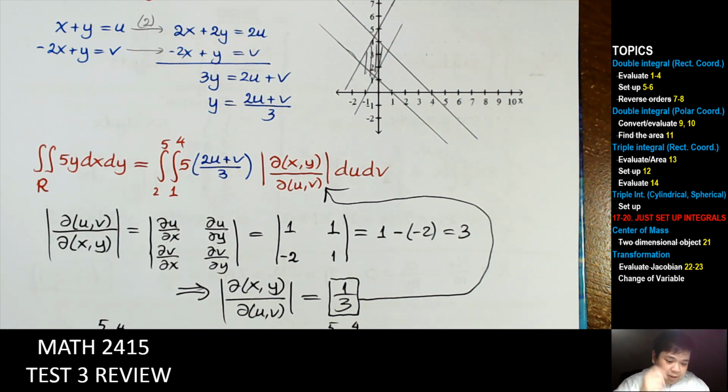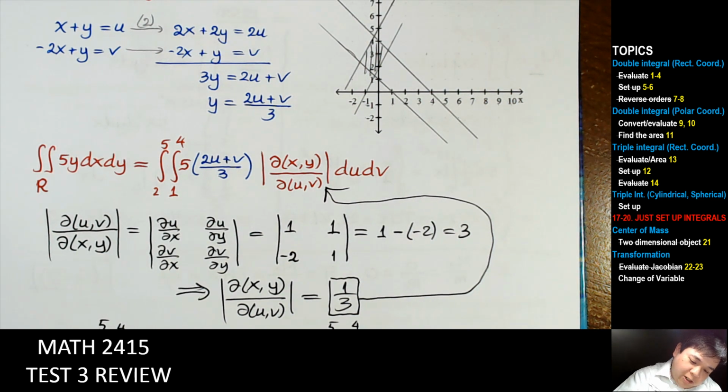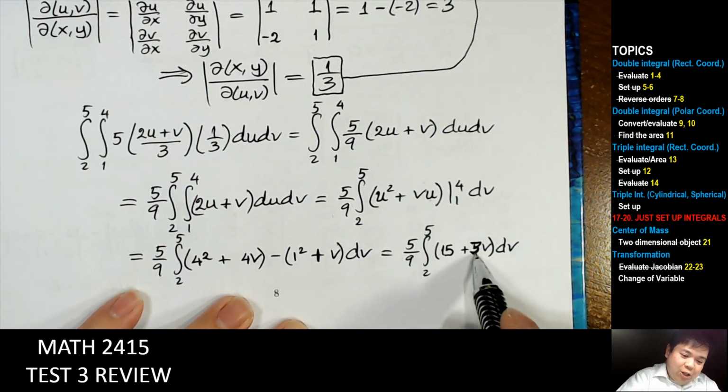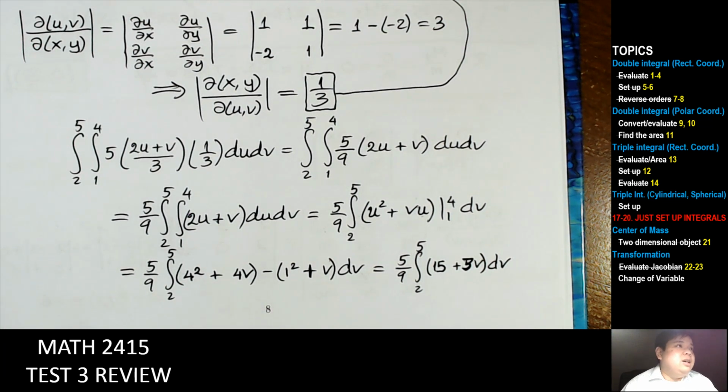I don't know. This is supposed to be a plus, so that should be a 3. Sorry, this should be a plus. That should be a 3. Let's do that again on the calculator.